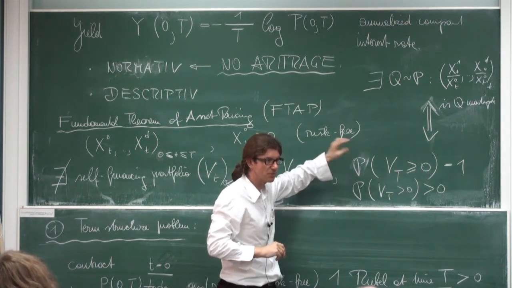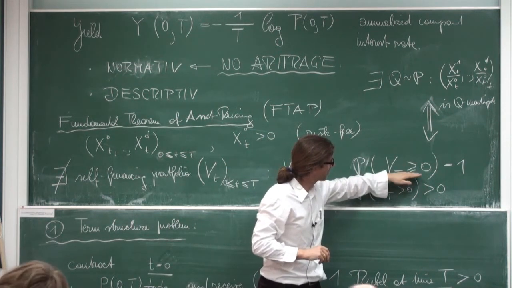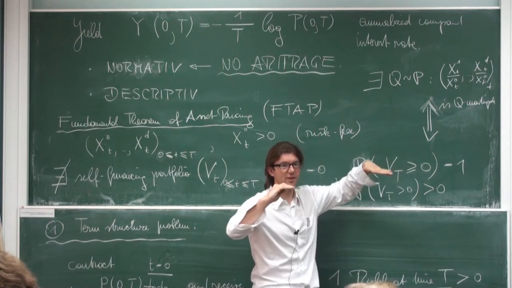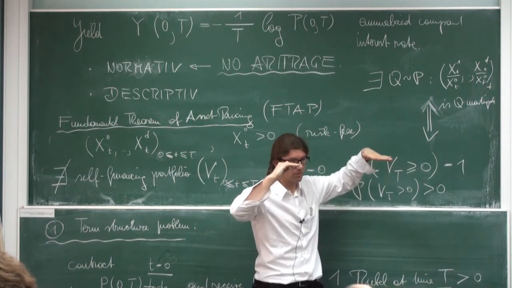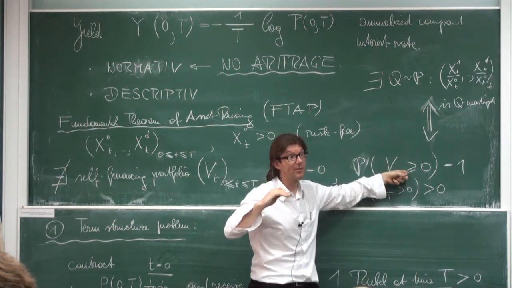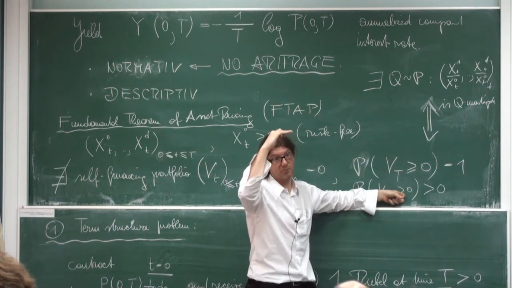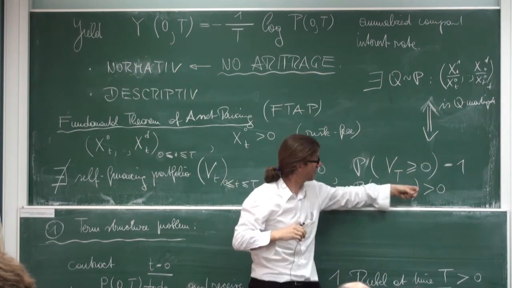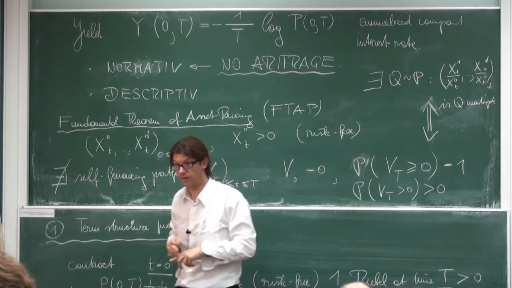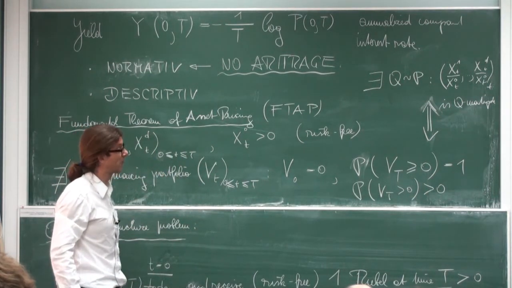You have a sequence of portfolios, which are not greater than 0, but the sequence is less and less negative, with the sequence converging to 0, only a little bit negative. And here you get a little bit positive on a set of probability greater than 0. So you have to make it in the language of sequences.